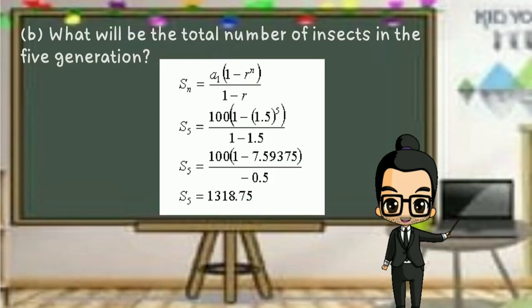We just substitute the value of n, which is 5, a1 which is 100, and r which is 1.5, and we will get the answer, which is 1318.75. So the total population for the 5th generation will be about 1319 insects.